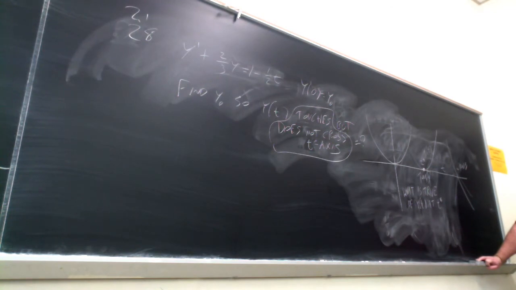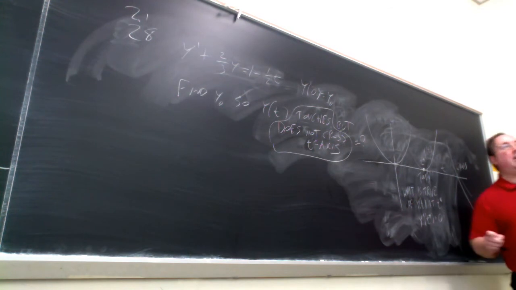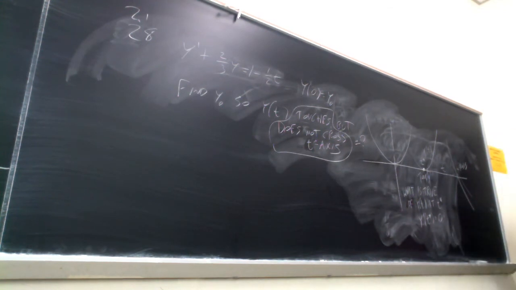Derivative is 0. Yeah, the derivative is 0. So y prime of t star is 0. Now, what else though? There's one more thing that also applies at this point.